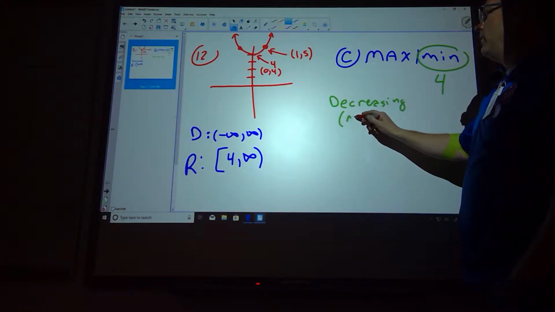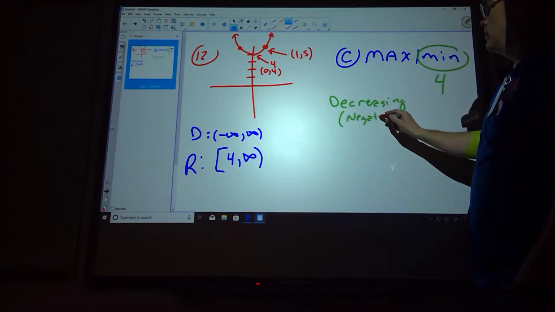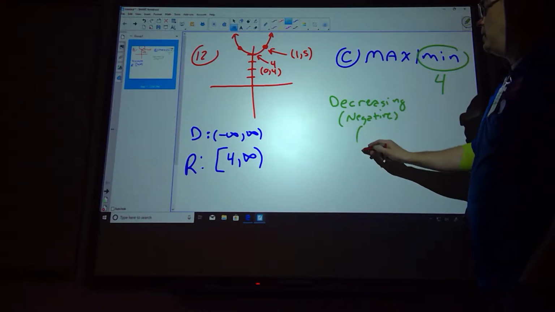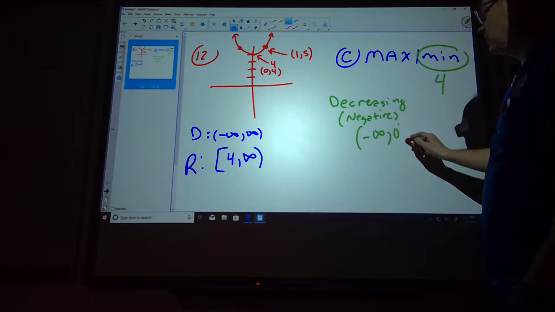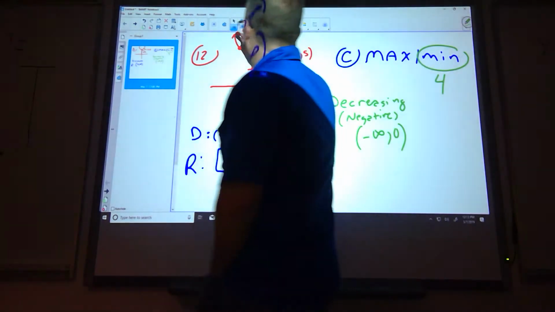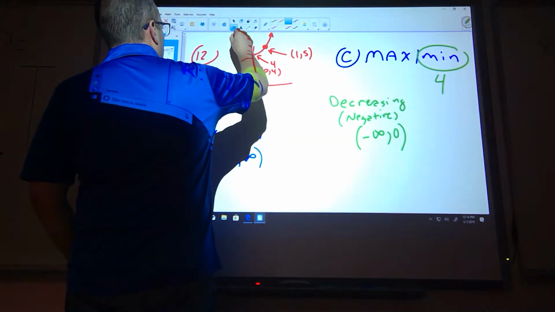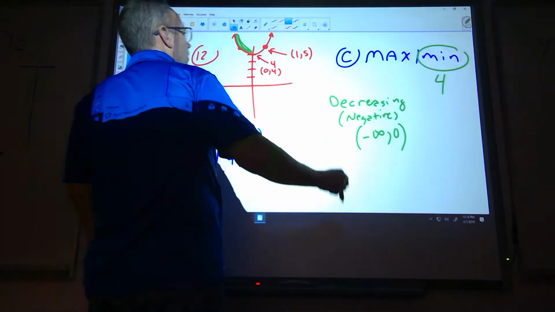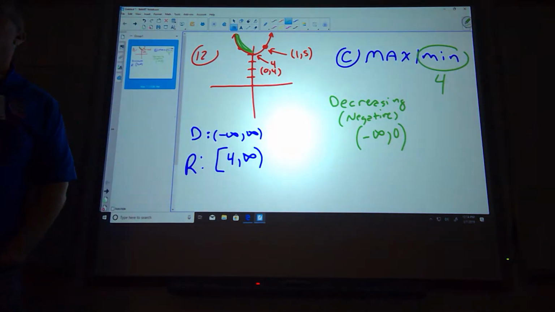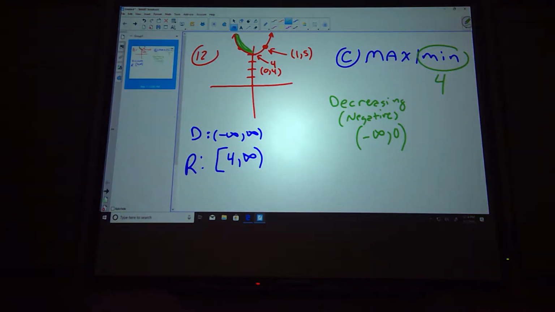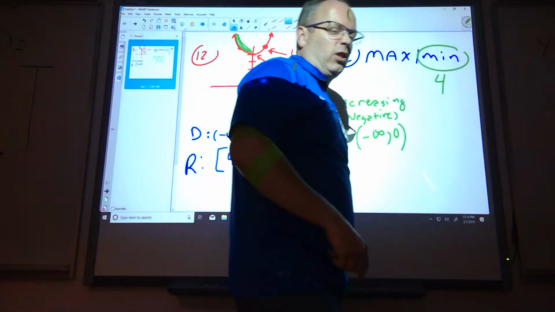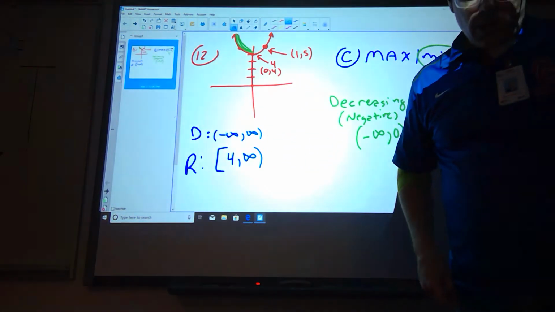So where would I have a negative slope? Negative infinity to 0 is exactly right. It's right here. This region here is a negative sloped region. Okay? And it goes up to 0. And the reason I use a rounded bracket is because right at 0, it's actually a horizontal line.